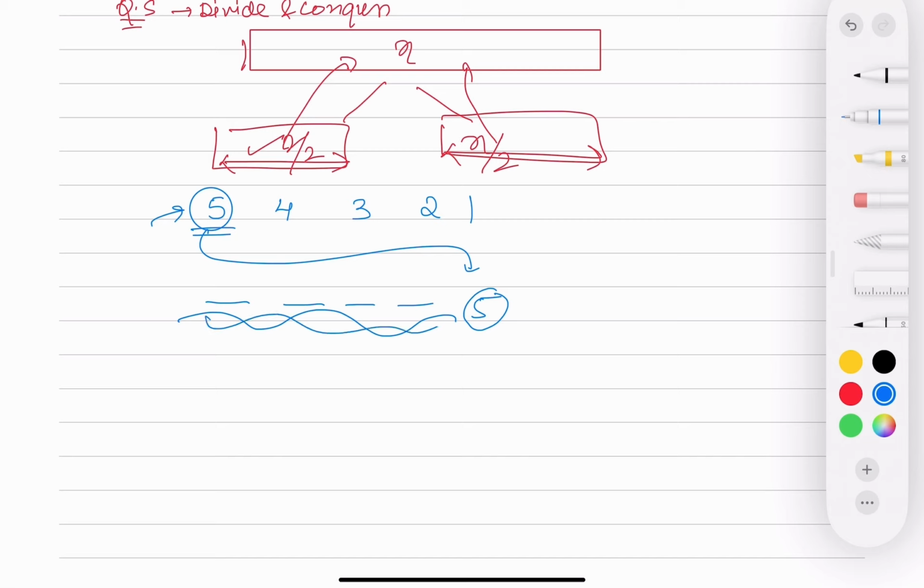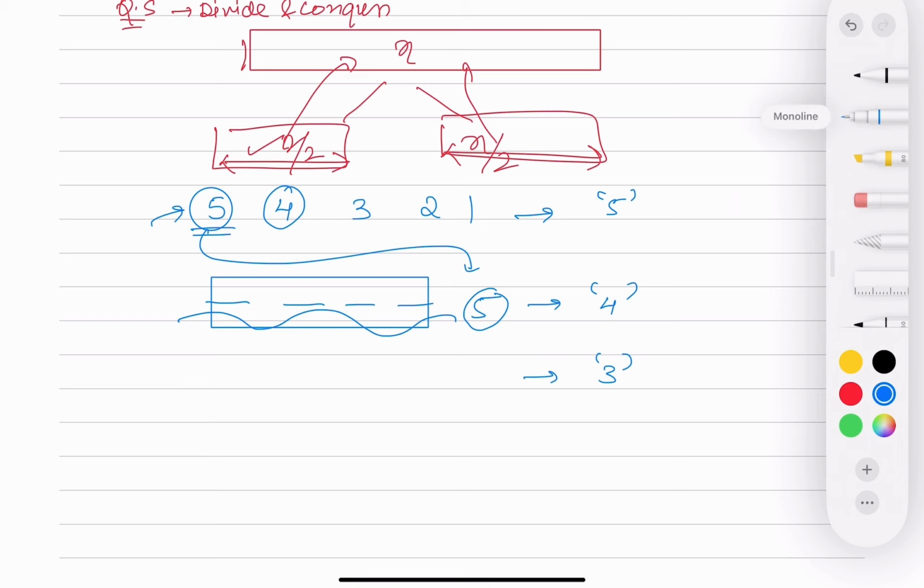Basically, again I need to apply quicksort on these 4 elements, right? So if my problem was of 5 elements, now again I have to apply quicksort on 4 elements. Now I'll choose this as my pivot, then I have to again apply it for 3 elements.